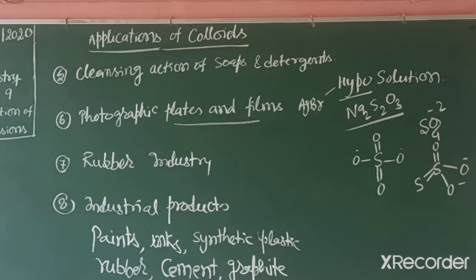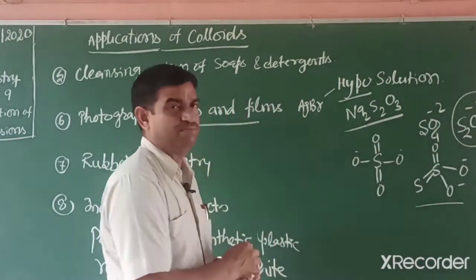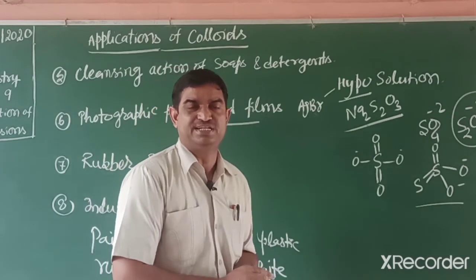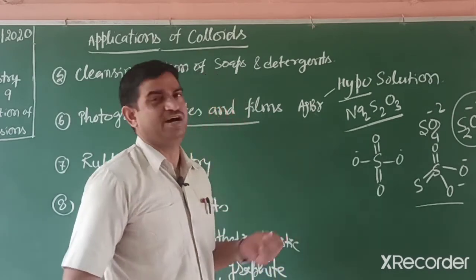You can make different types of formulas because there is resonance, as discussed earlier. So this one is thiosulfate, S2O3 2-. This molecule removes unreacted chemical from the film or plate, known as washing of the plate, and it is applied in a dark room.